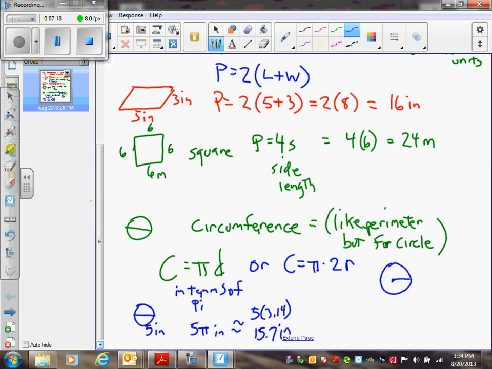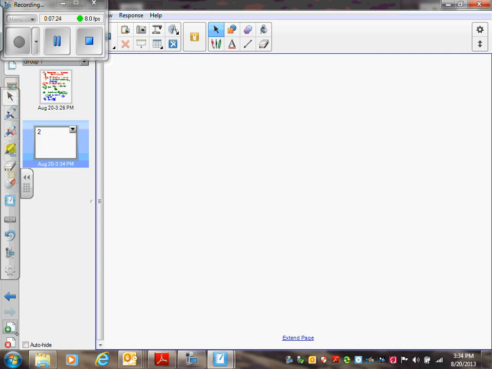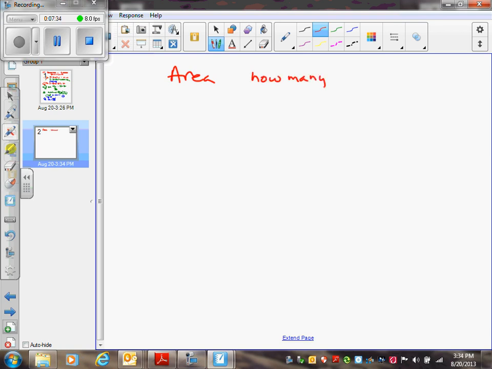Now, we also have to talk about area. Here's the page. That's big. Area, you can think of area as how many little blocks make up the shape.